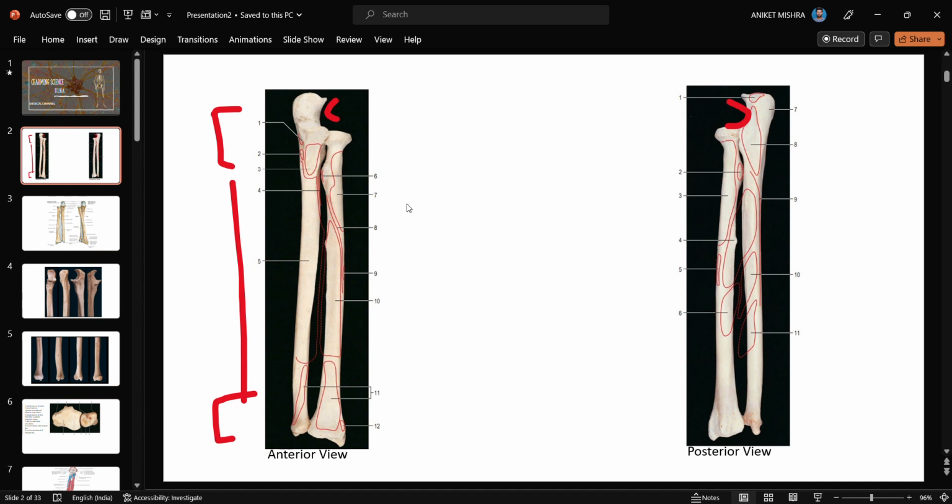The lateral border of the shaft is sharp, and when we go below to the lower end, we will see the styloid process, which lies posteromedial at the lower end of the ulna.